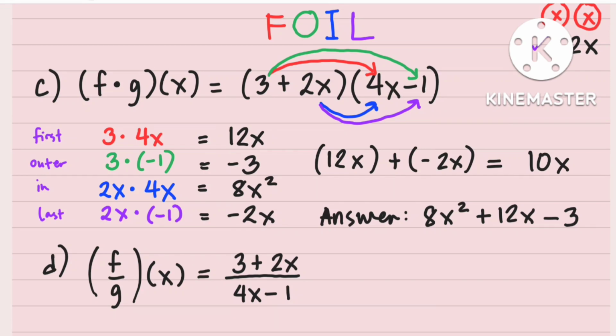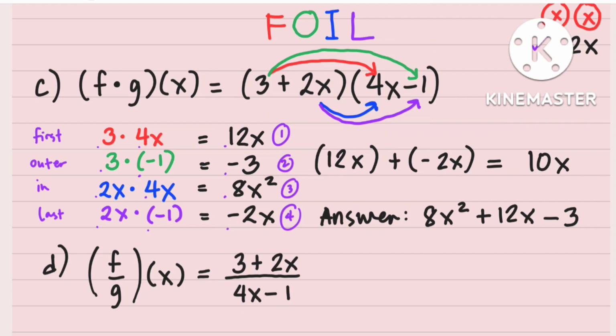Violet. So the product here of 3 and 4x is 12x. 3 times negative 1 is negative 3. 2x times 4x is positive 8x squared, while 2x times negative 1 is negative 2x. So we have 4 terms so far. And out of these 4, there are 2 terms that are like. So we will combine them.